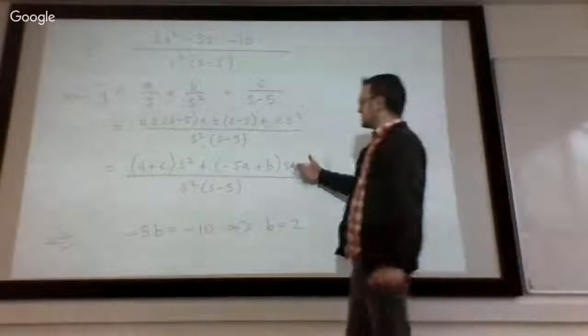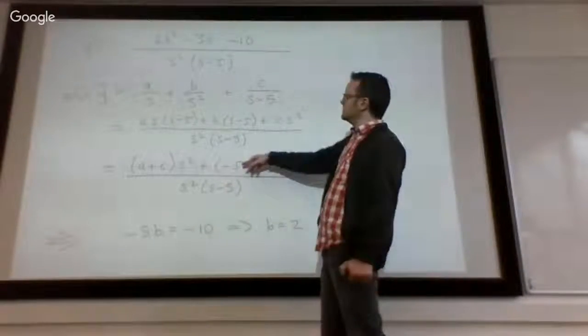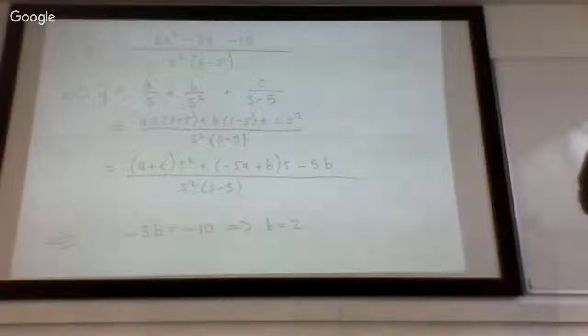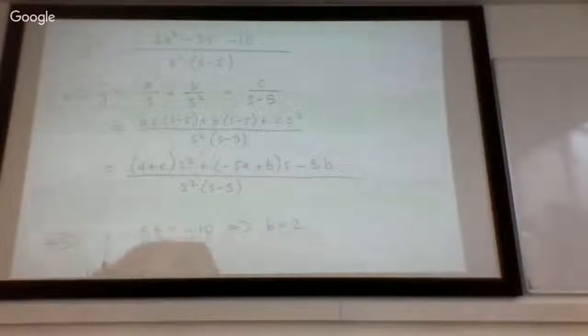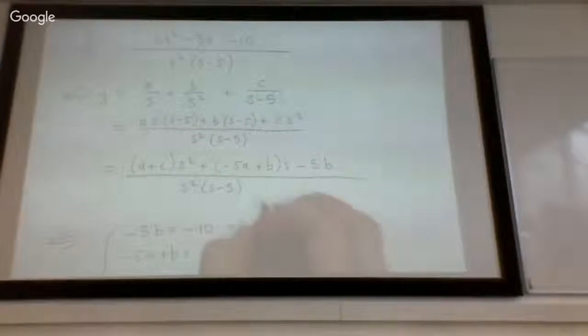Then we'll look at the s term, because that involves B, which we know now, so that will determine what A should be. Comparing s coefficients, you get minus 5A plus B equals minus 3.